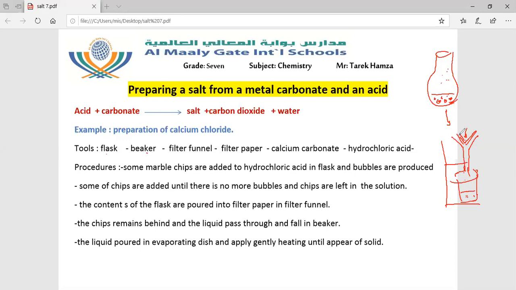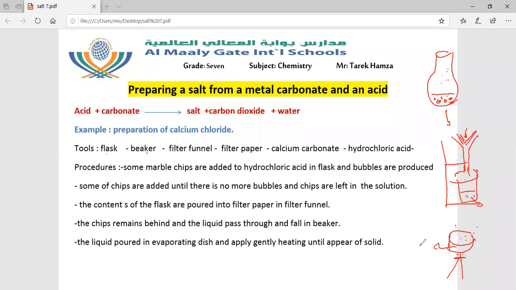Take this content and put it in the evaporating dish, and wait to evaporate all the solution in the dish. There are solid particles formed. It is calcium chloride. It is the same procedure as preparing a salt from a metal.